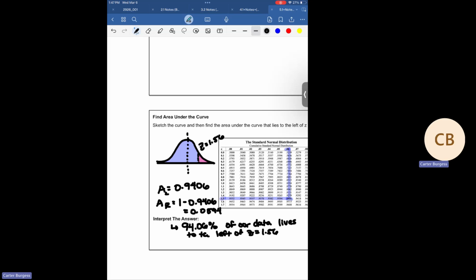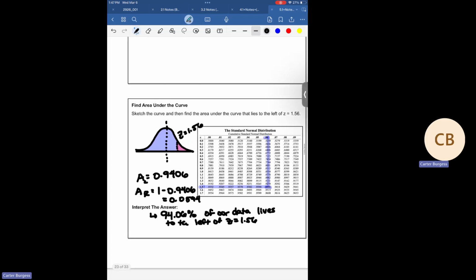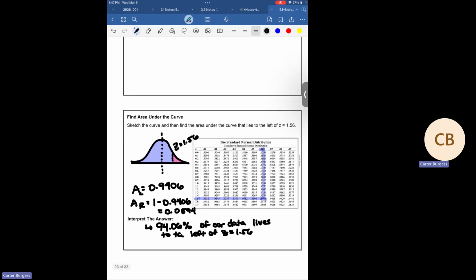So a lot of our data lives to the left of that z value. But another way to think about it is, if I get a random z value, what is the likelihood that it lands to the left of this value? Well, if 94.06% of them do this, then there should be a 94.06% chance that a random z value that I get falls to the left of this value.